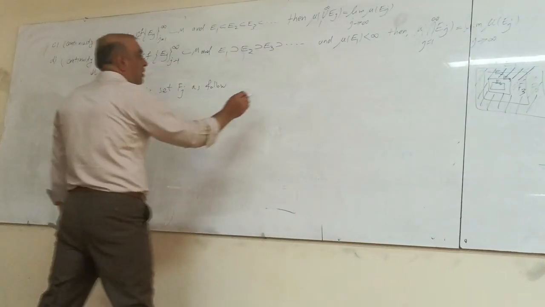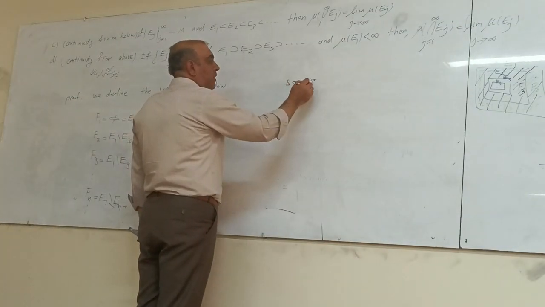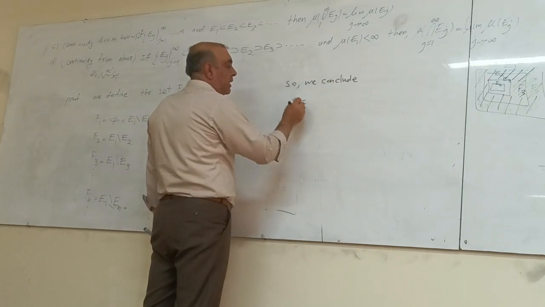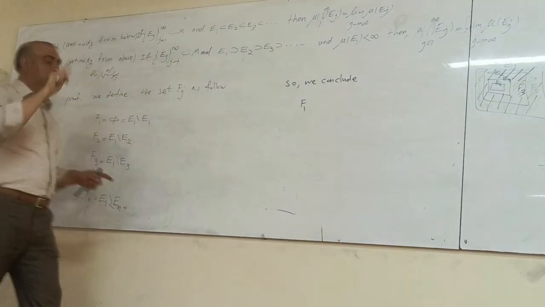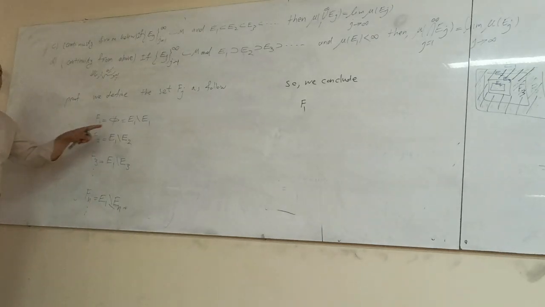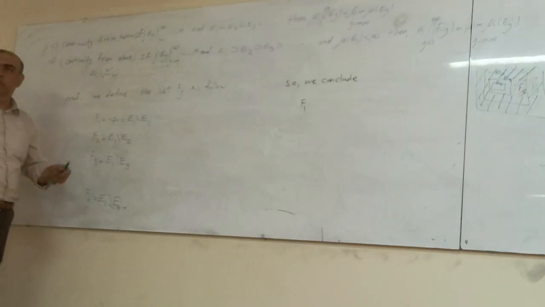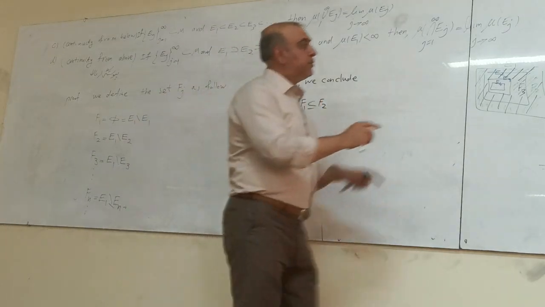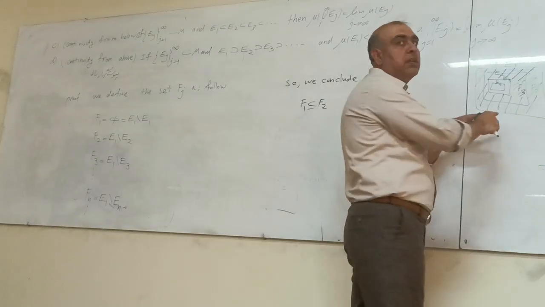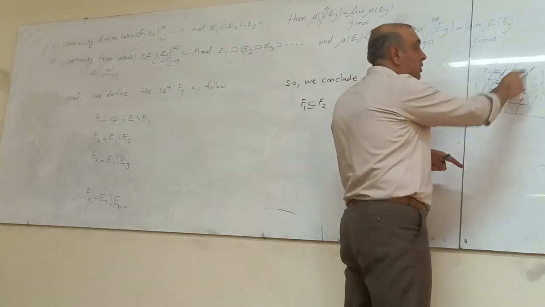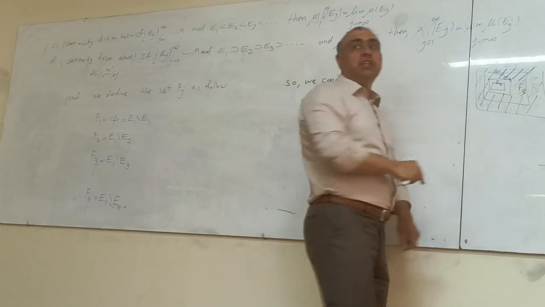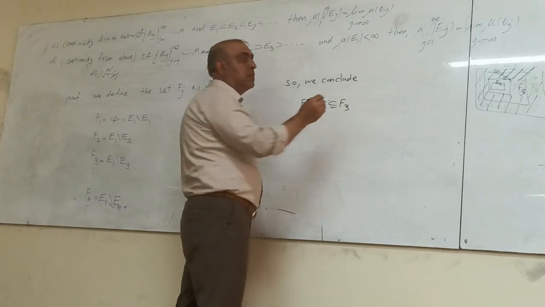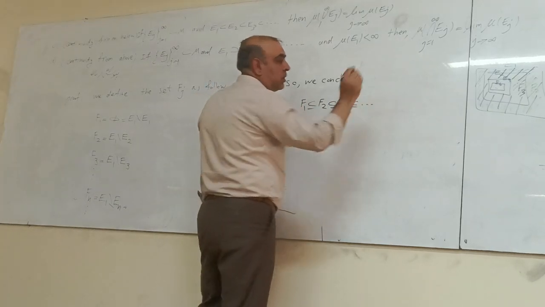So we conclude F1 is a subset of F2. F2, the green area, is a subset of F3, black. F3 and so on.